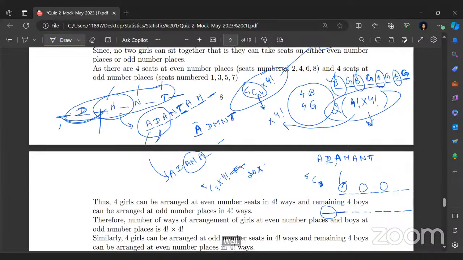I think first we fix the consonants by 4 factorial. Then we get 5 places to fix A. This is the answer you're saying, right? Yes, ma'am.